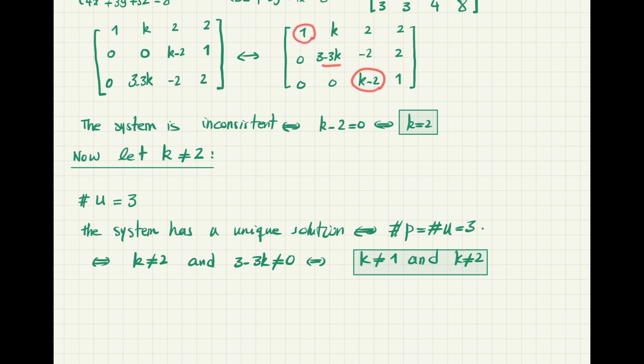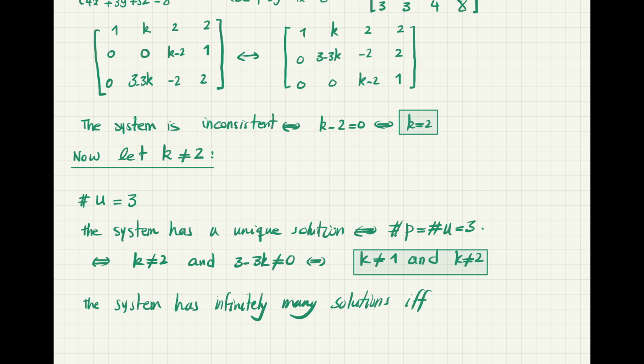So it means that here the system has infinitely many solutions if and only if k is of course not equal to 2.